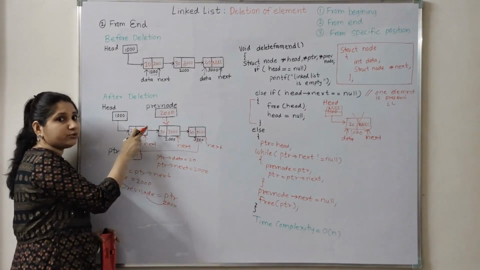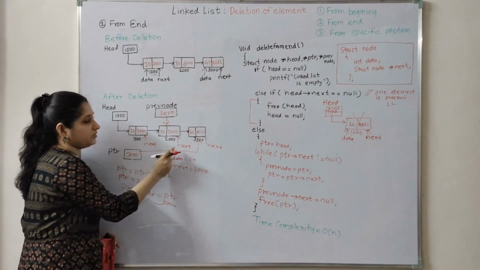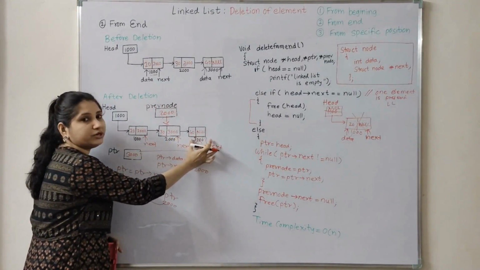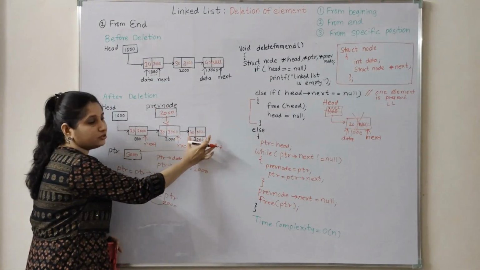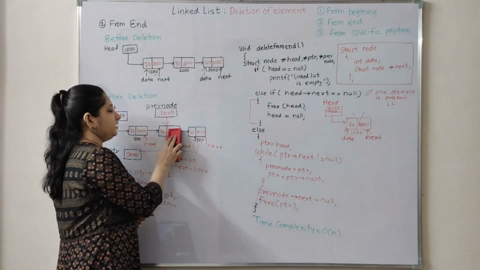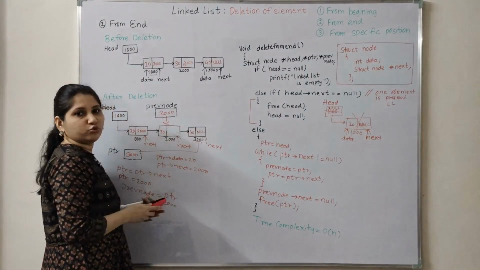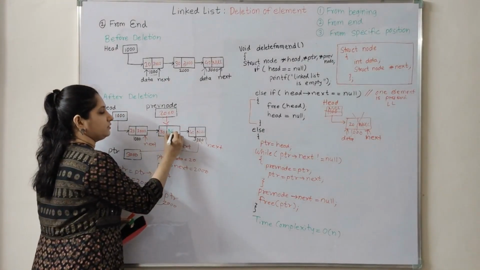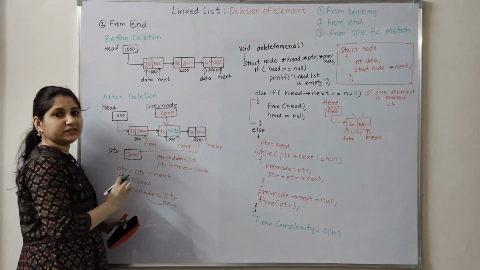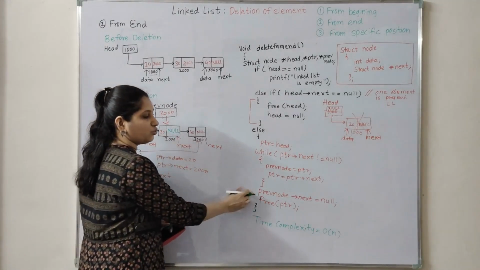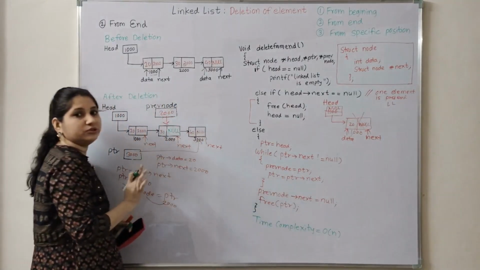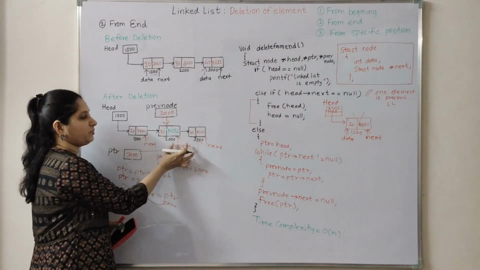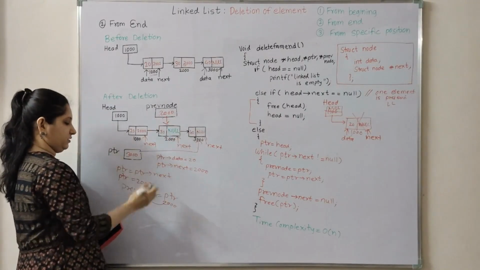But now we don't have to point from this 2000 memory location to the 3000 memory location, because we have to delete that node. So we are deleting that 3000 memory location over here, and we have to store the value null here. What we have written in the code is previous node of next is equal to null. So here the previous node, that is 2000, and the next part we are storing as null.